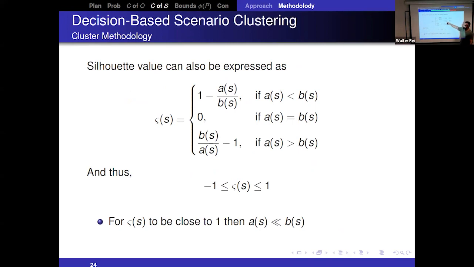If the two values are equal, the silhouette score is 0. If AS is indeed smaller than BS, then you have a value of 1 minus the ratio between A and B. And if it's the reverse, it's the ratio between B and A minus 1. So it gives you something between -1 and 1. Obviously, the closer you are to 1, the better the score.